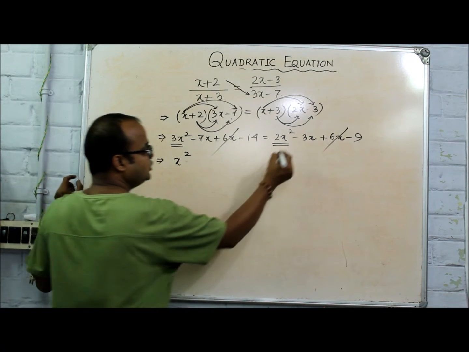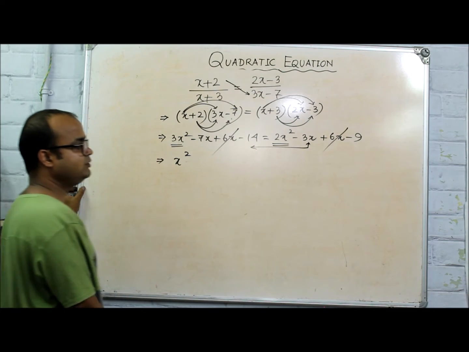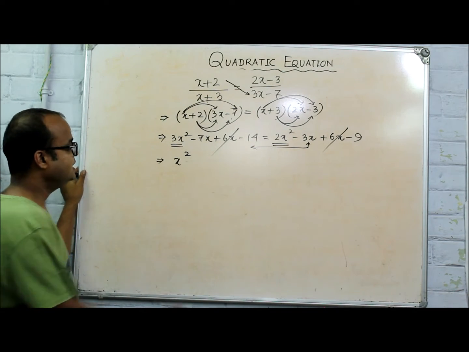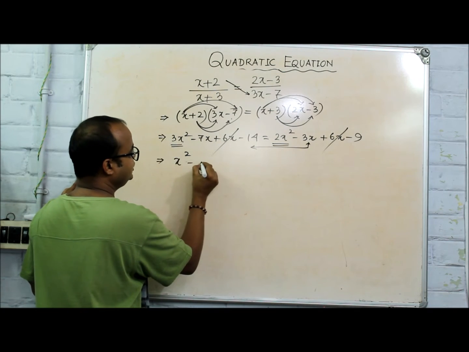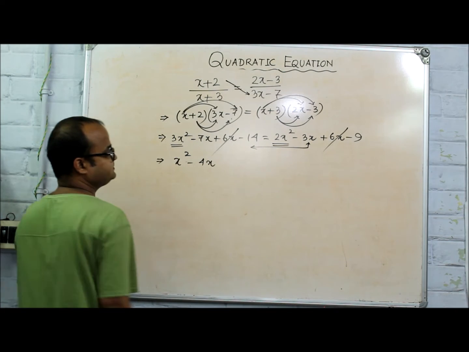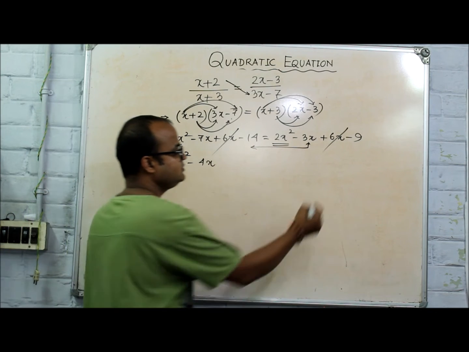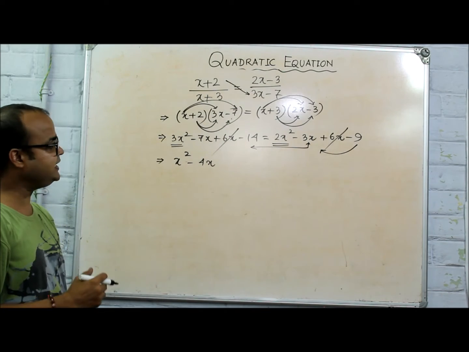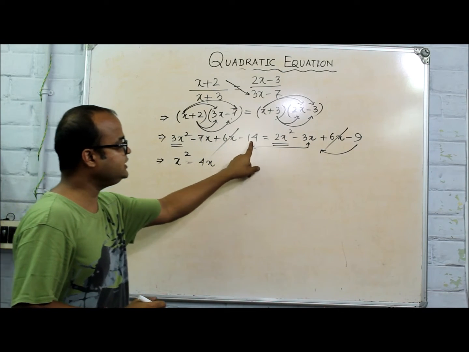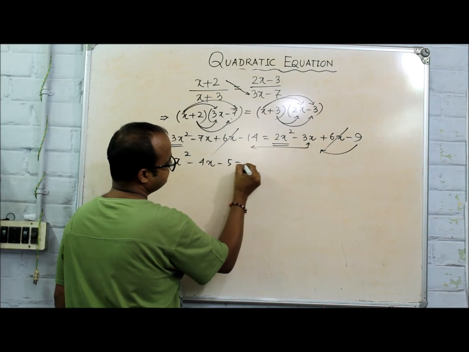Minus 7x, when this minus 3x, you change this side, this will become plus 3x. So minus 7x plus 3x is equal to minus 4x. Minus 14 plus 9, we are changing the side. So minus 14 plus 9 is equal to minus 5.